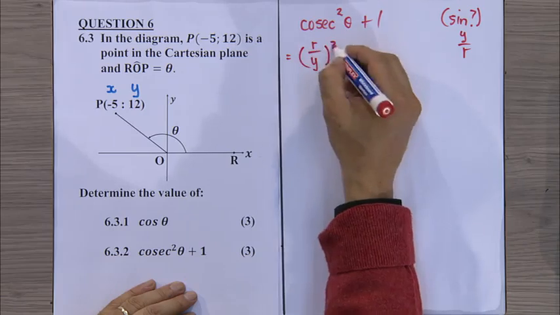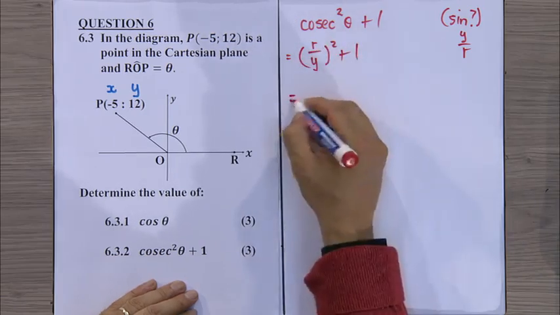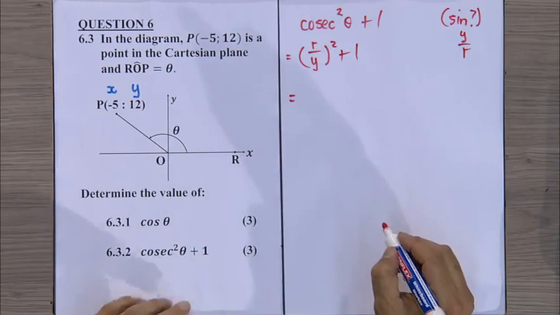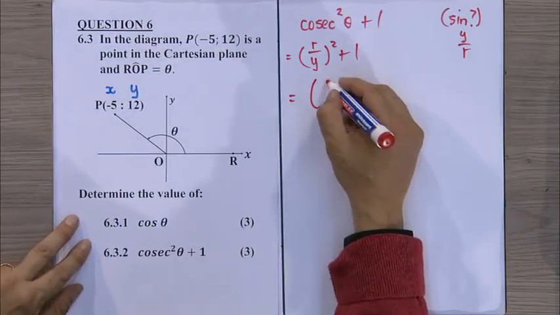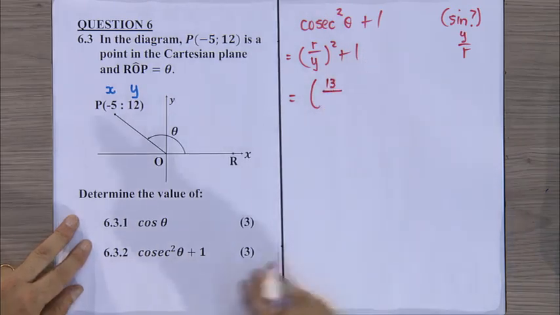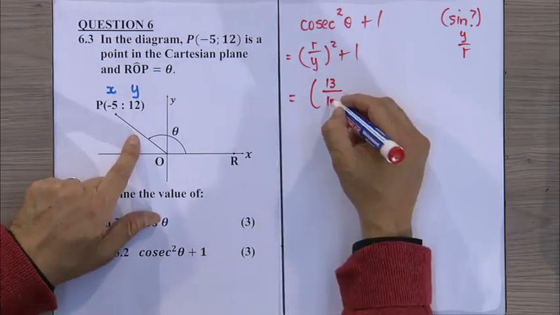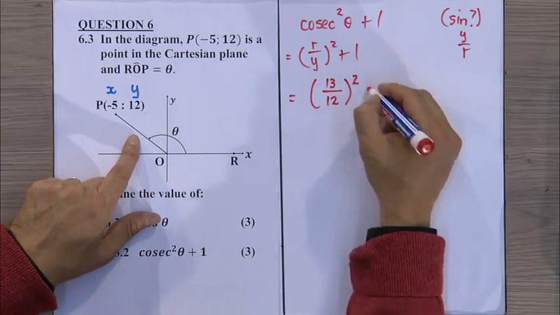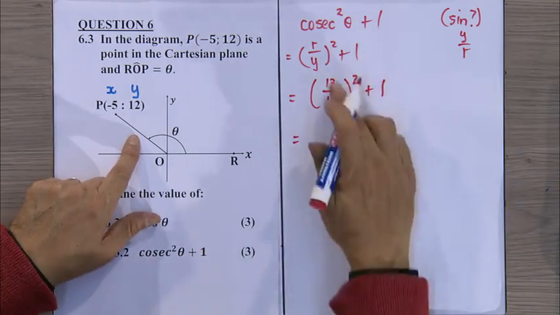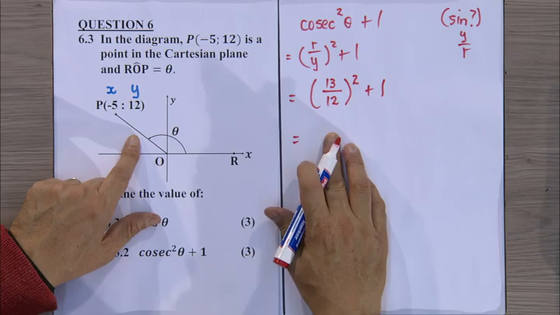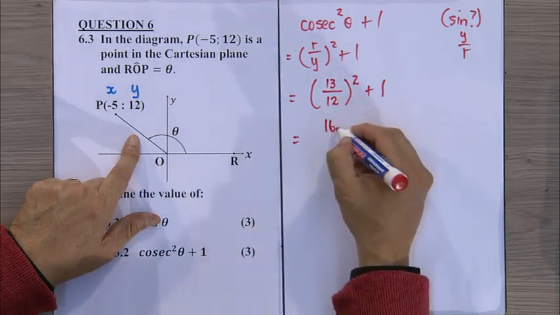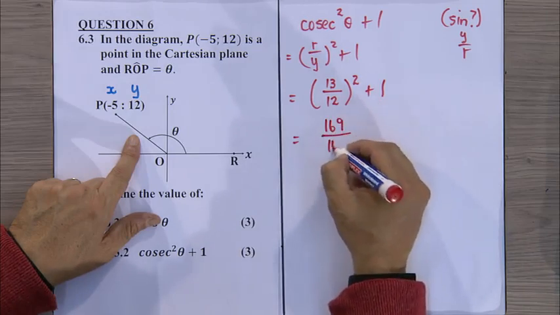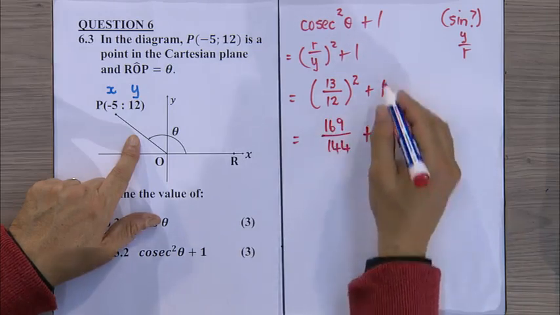So it's r over y squared plus 1. What is r? We've worked it out here, it's 13. So we have 13. What is y? Y is equal to 12 squared plus 1. So we have to square both sides on top and at the bottom. So that's 169 over 144. And we know 1.